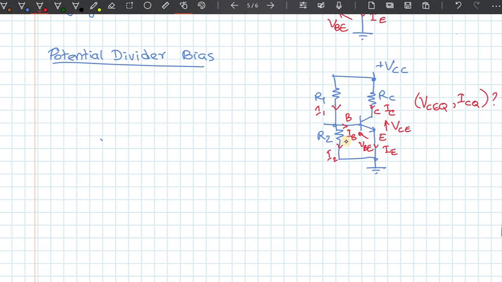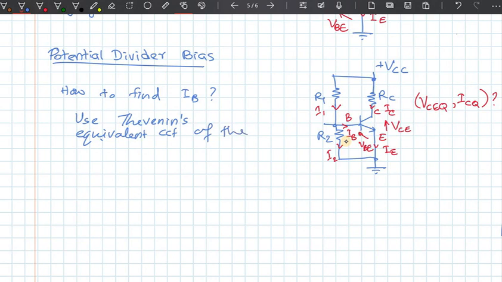The way to do this is by using Thevenin's equivalent. How to find IB: we use the Thevenin equivalent circuit of the bias circuit.